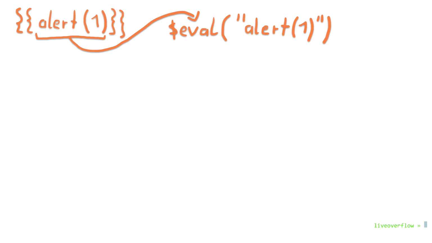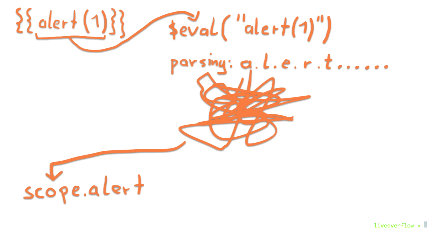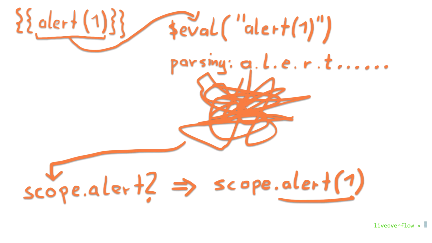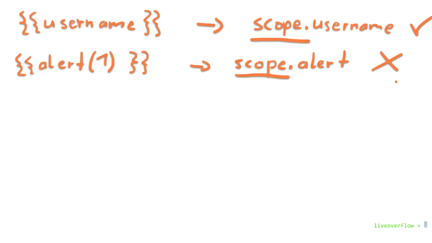AngularJS evaluates those expressions, it parses them, and does some fancy JavaScript foo. So when you write an identifier like username, or in this case alert, into an expression, AngularJS tries in a fancy way to get the property alert from the scope object and then call this as a function. So we know now basically whatever we type in an expression, it has to exist in the scope.